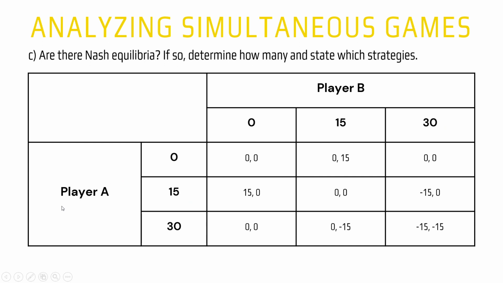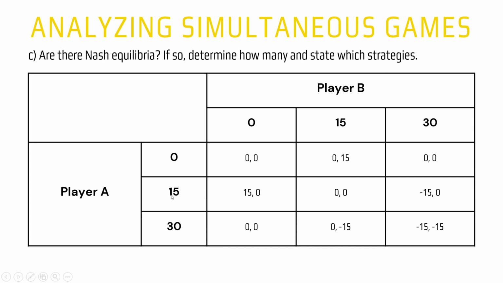And the next question here is, are there Nash equilibria? If so, determine how many and state which strategies. So, a Nash equilibrium is a list of strategies with one strategy per player such that each strategy on the list is the best response to the other strategies on the list.